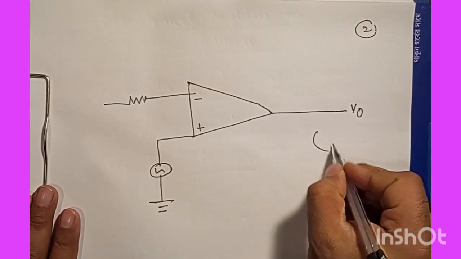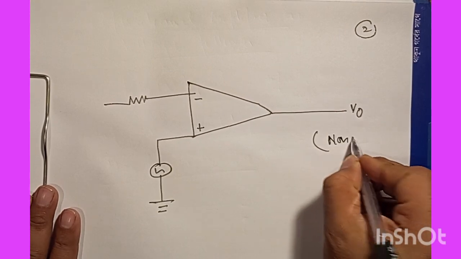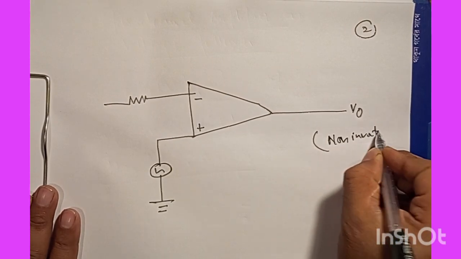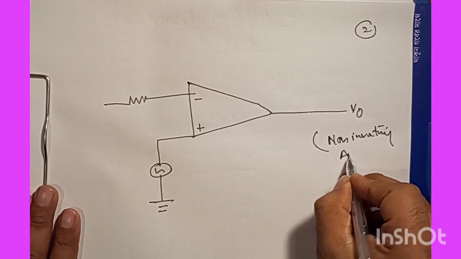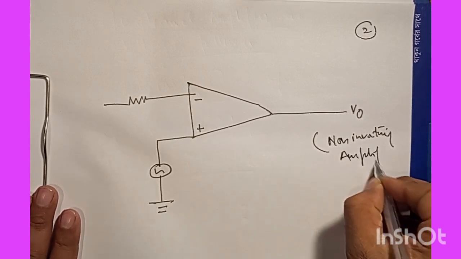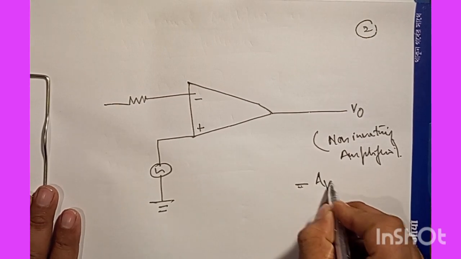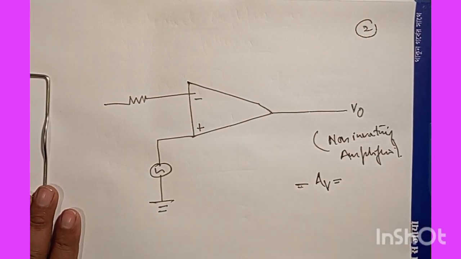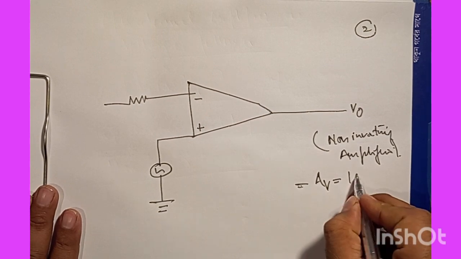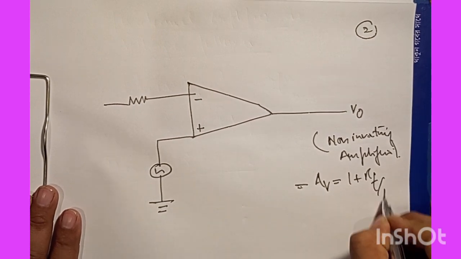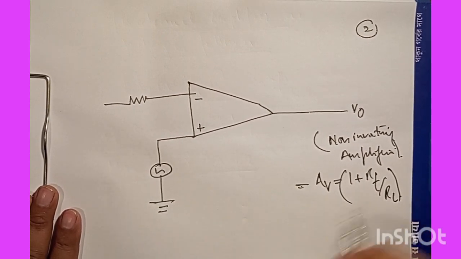And I think we have already discussed the non-inverting amplifier, and we have obtained an expression for voltage gain for the non-inverting operational amplifier as 1 plus RF by RI.